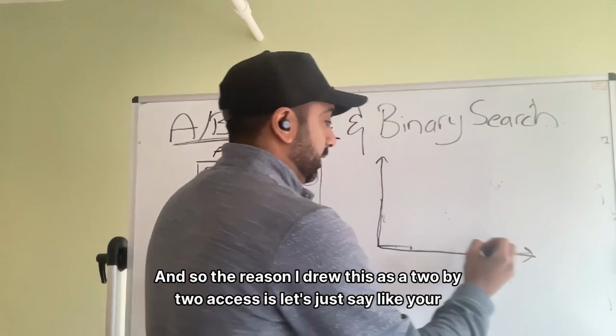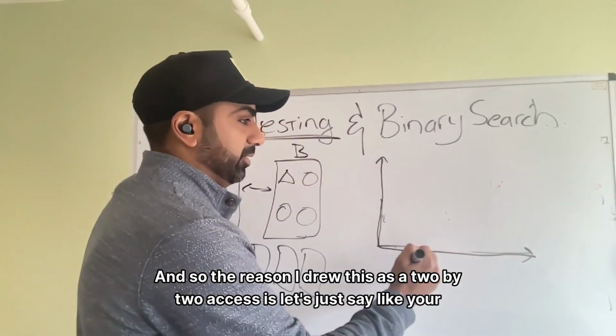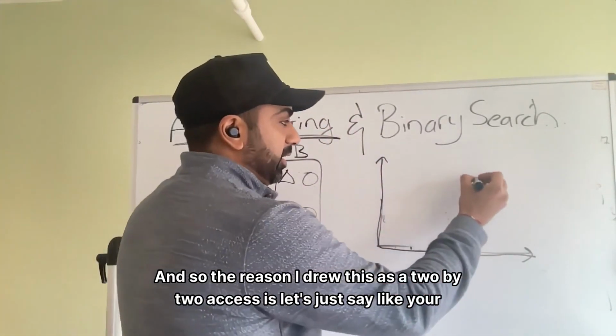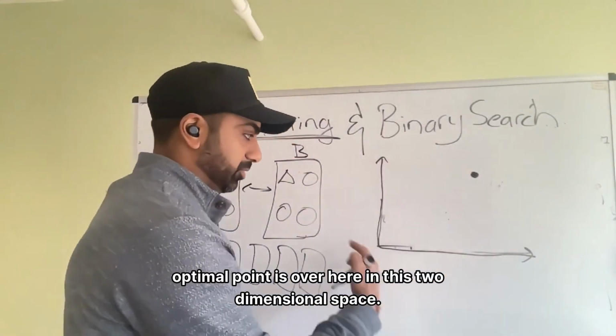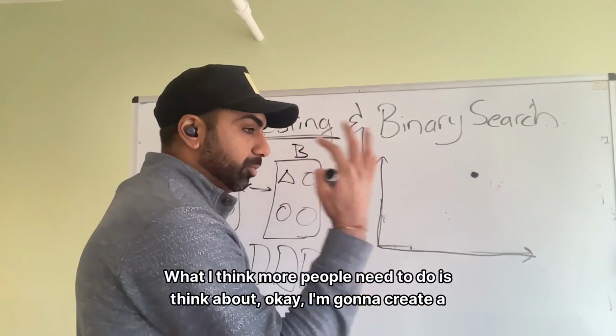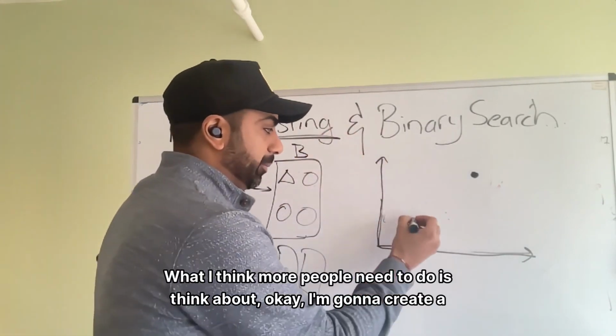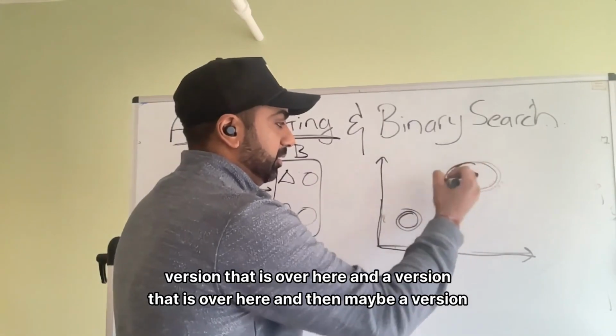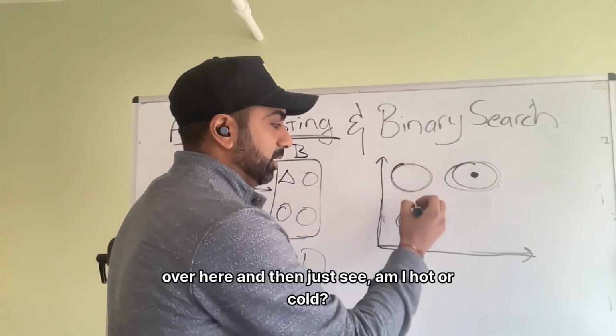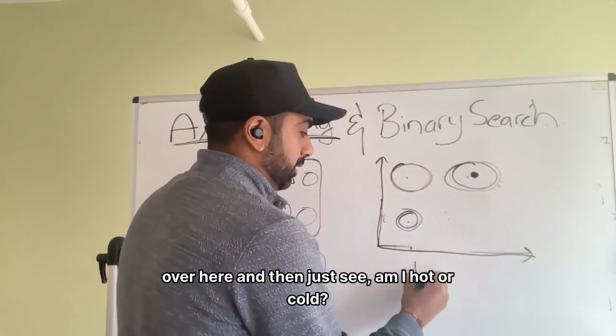And so the reason I drew this as a 2x2 axis is, let's just say your optimal point is over here in this two-dimensional space. What I think more people need to do is think about, okay, I'm going to create a version that is over here and a version that is over here, and then maybe a version over here, and then just see, am I hot or cold?